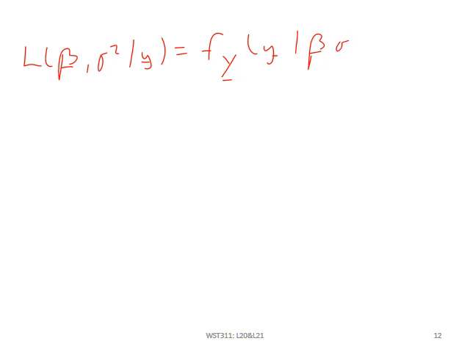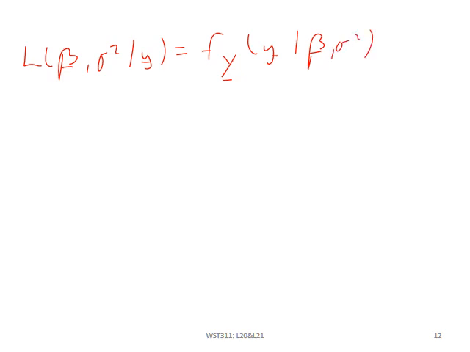Before we consider the proof, let's remind ourselves of the likelihood function. The likelihood function of the parameters beta and sigma square given our data equals the joint distribution of the data for the parameters beta and sigma square.